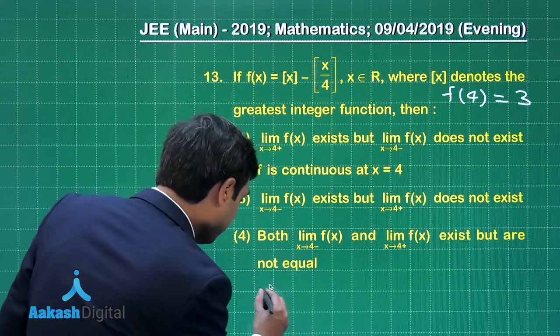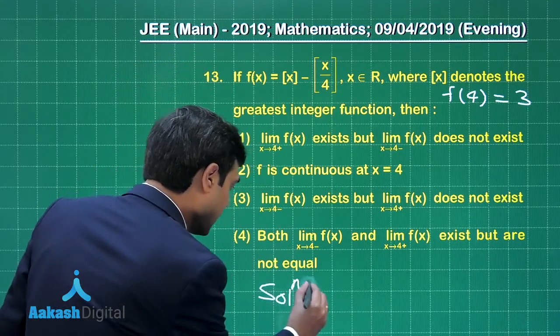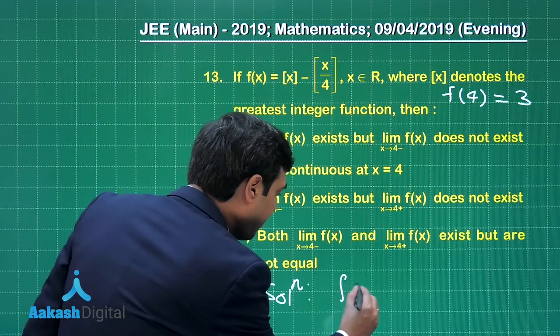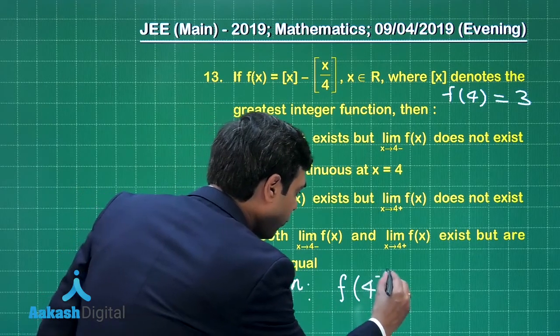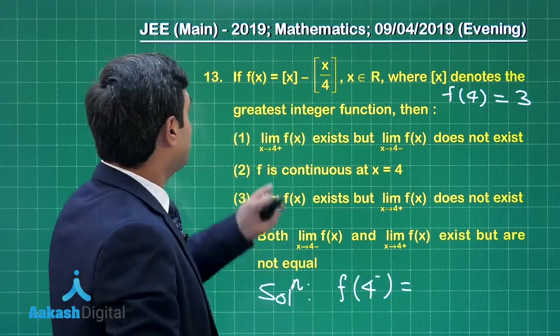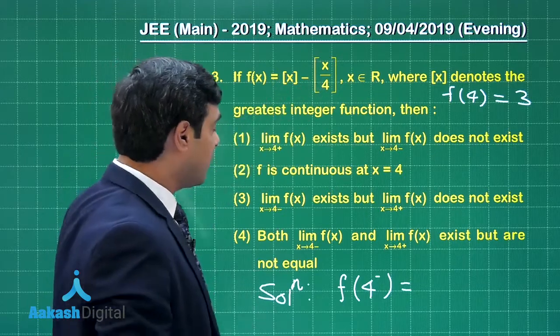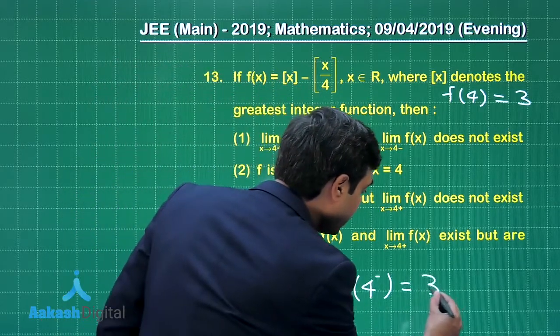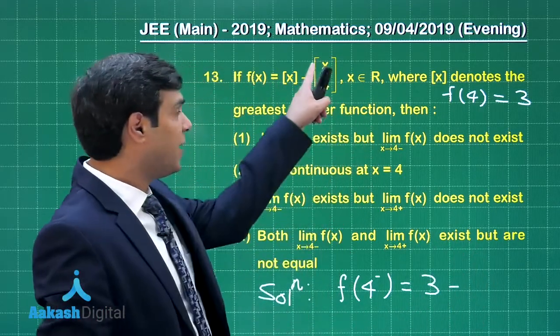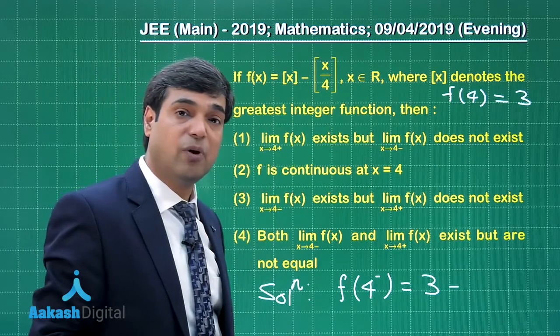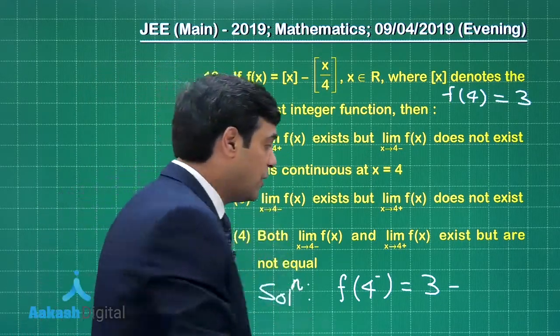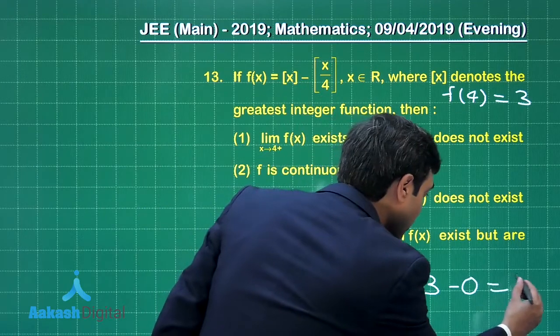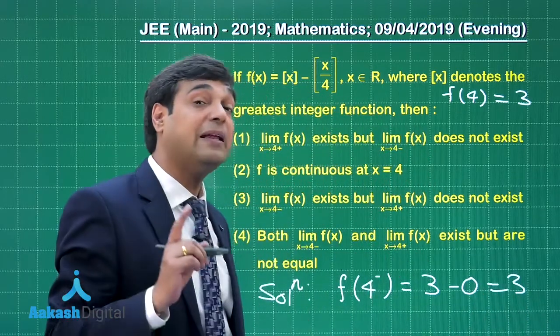So let's write down the left hand limit, that is f of 4 minus, correct? So this is greatest integer of 4 minus h, that will give you 3, minus greatest integer of (4 minus h) upon 4, it's a fractional value, so its greatest integer is 0. So left hand limit is simply 3.